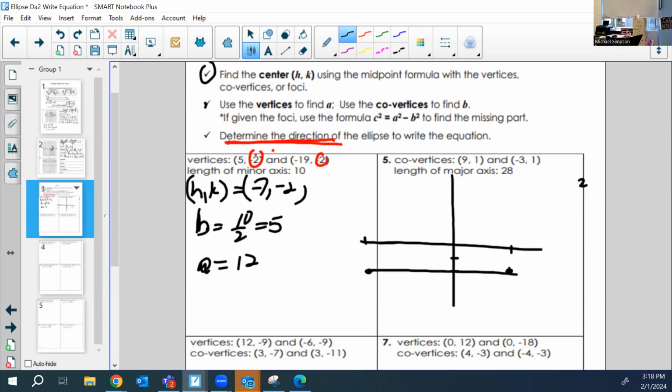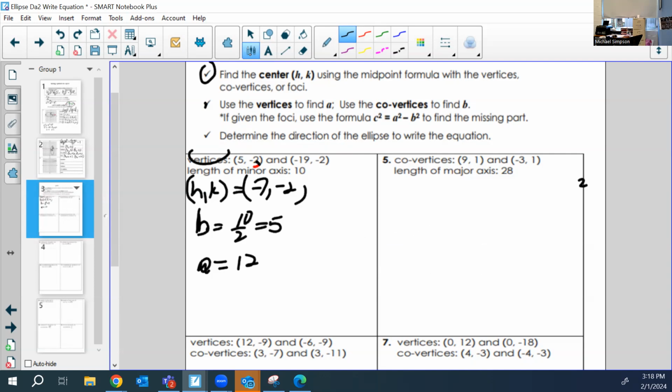So you can see now this line is a horizontal line. I can tell just by looking at the points, the y value doesn't change. It is negative 2 over here and negative 2 over here. So that line is horizontal, and that is your major axis because it says vertices. So therefore this is a horizontal major axis.